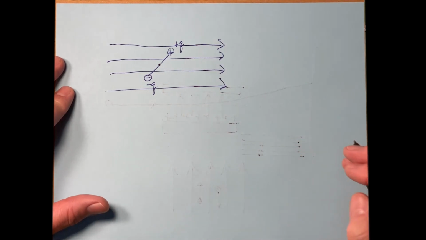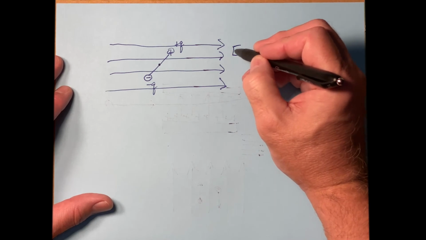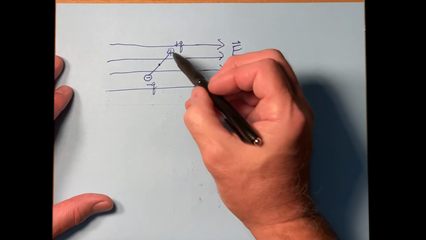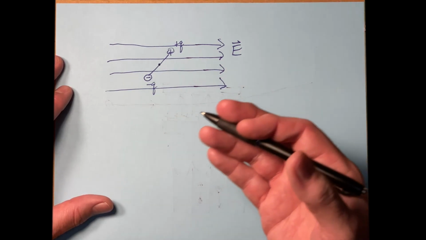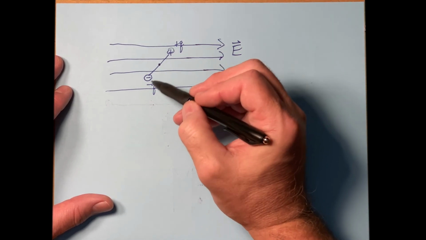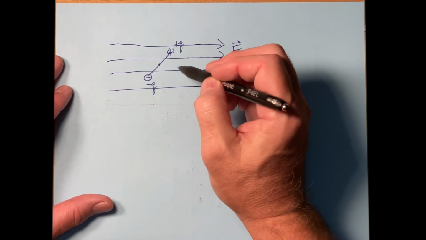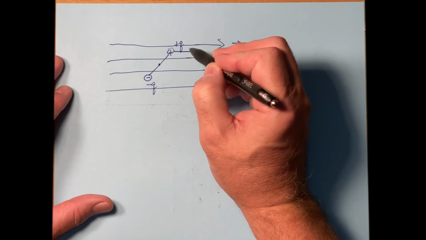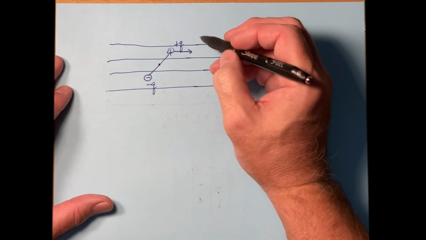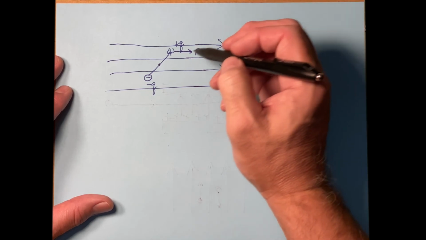I'll mark that spot. Well, the fact that we are now in the presence of an electric field means that these charges are going to try to move. But they are bound together through the dipolar force, whatever's holding them together. So what's going to happen is the positive charge is going to want to move in that direction, and it's going to try to accelerate, so it's experiencing a force, the Coulombic force, trying to move in that direction.